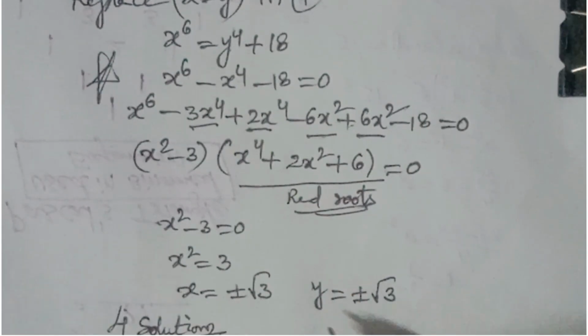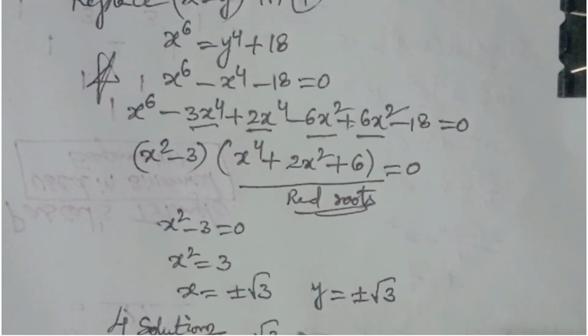One is x comma y is equal to root 3 comma root 3, root 3 comma minus root 3, minus root 3 comma root 3, and the last one is minus root 3 comma minus root 3.